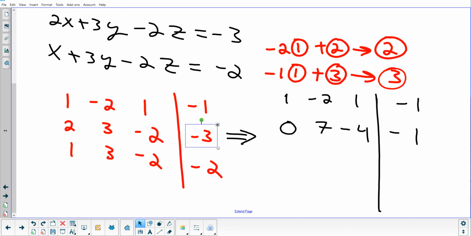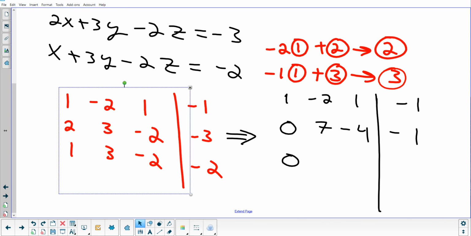It's very easy to make a mistake. I probably will make a mistake, so if you notice anything, let me know. Now let's do this one. -1 times the first row and add it to the third. So what's 1 times -1? -1. Plus 1. 0. -2 times -1? 2. Plus 3? 5. 1 times -1? -1.